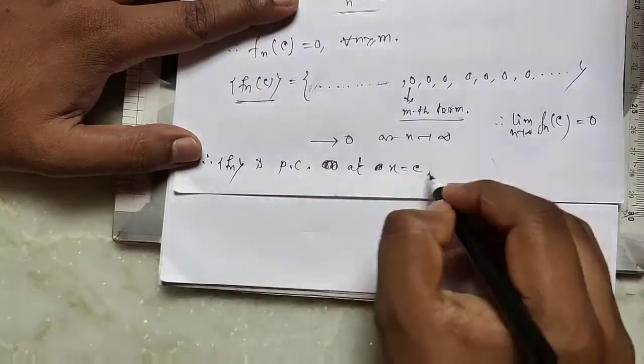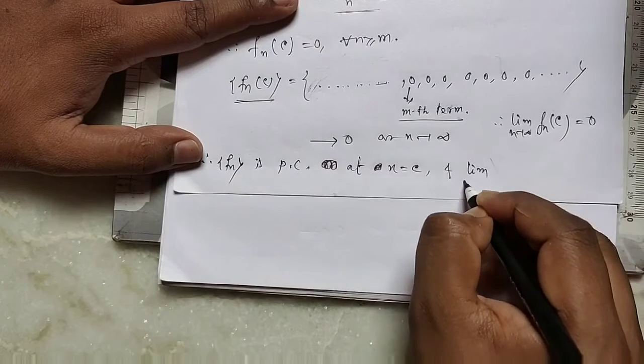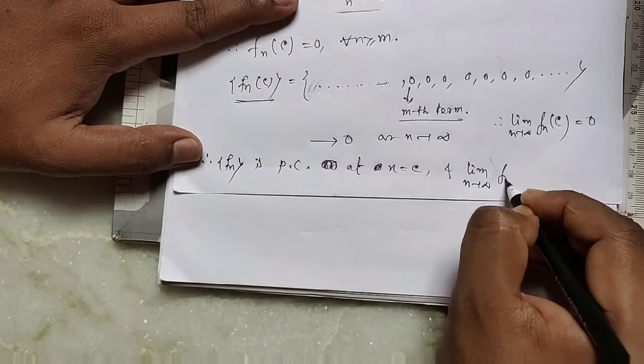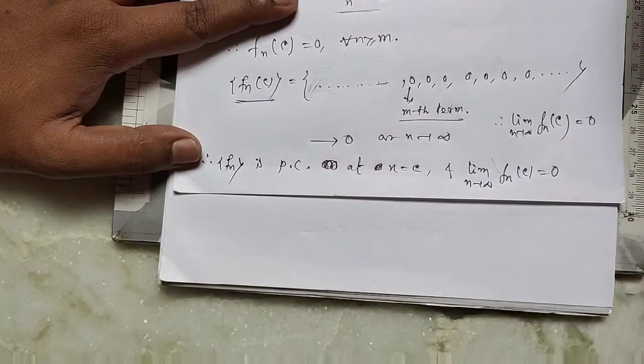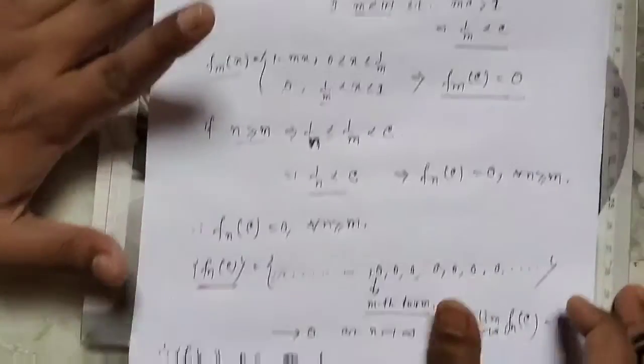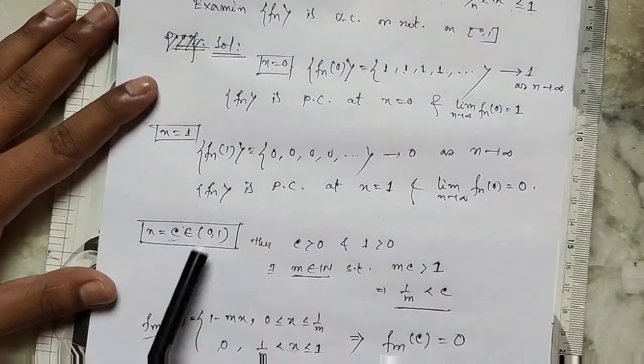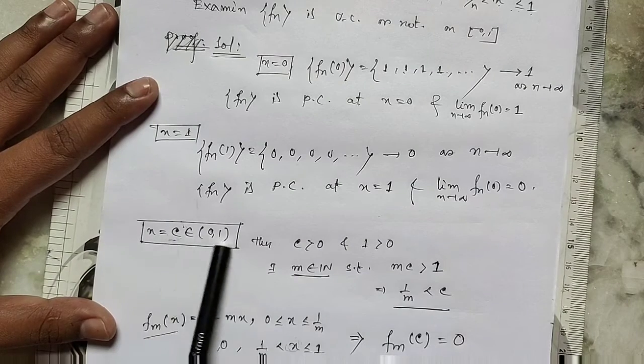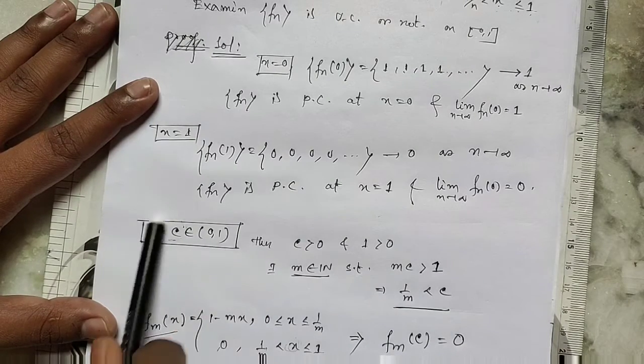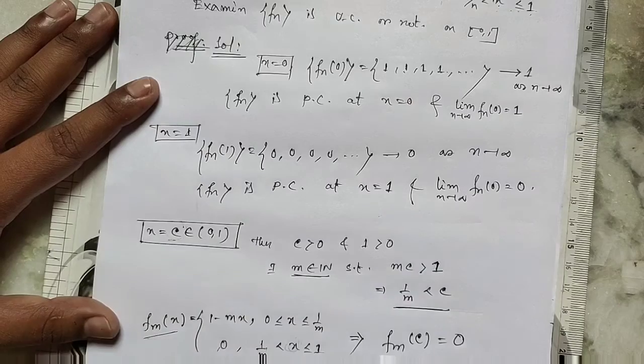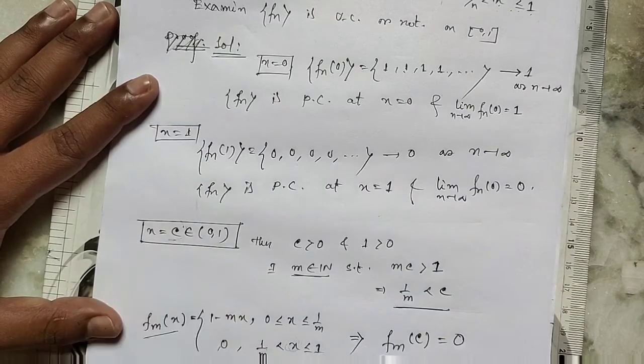And the limit as n tends to infinity of f_n(c) equals 0. Since c is any arbitrary point in (0,1), we can choose any point.